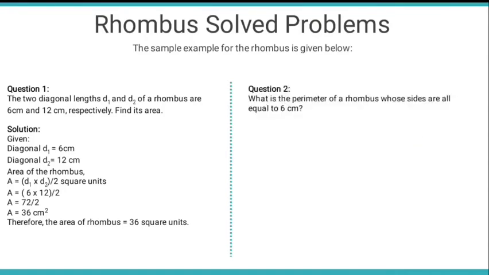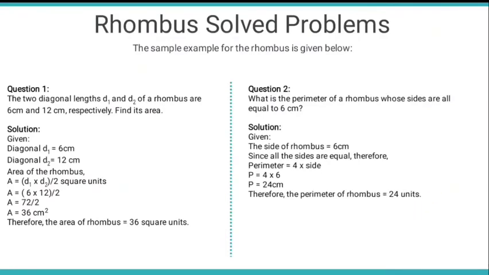And then question 2 is, what is the perimeter of a rhombus whose sides are all equal to 6 cm? So, the solution: given the side of the rhombus is 6 cm.